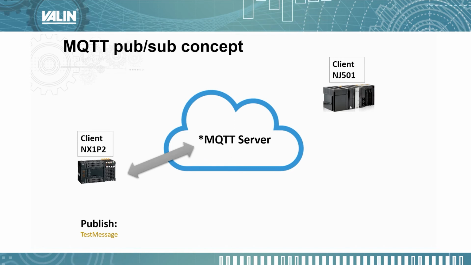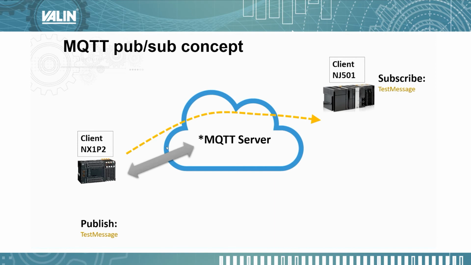Now, when I want to get the data within that topic from the NJ501 client, I can subscribe to that test message. As soon as I subscribe, I will see all the data inside the topic test message. So that's how the test message gets over to the NJ501 from the NX1P2.